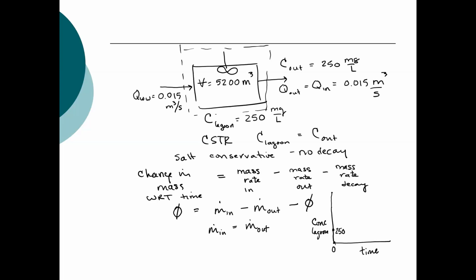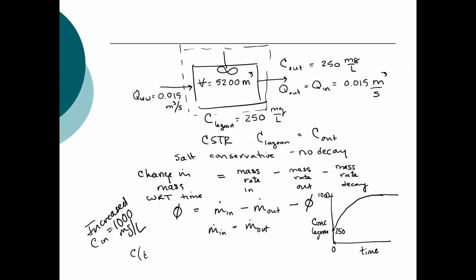So at steady state, the concentration, okay, we've increased C_in to 1,000. Okay, exactly. It's going to be 1,000. So somewhere out here, it's 1,000. And the concentration is going to increase exponentially until it reaches 1,000.